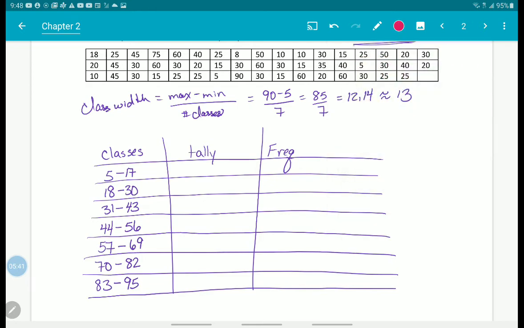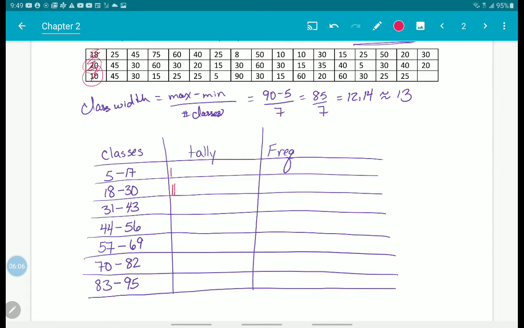I'm going to go down each of the columns. That first number is 18. 18 falls into this category, so I'm going to put a tally mark there. 20 falls into the same category. 10 falls into the first category. So I have used that first column.